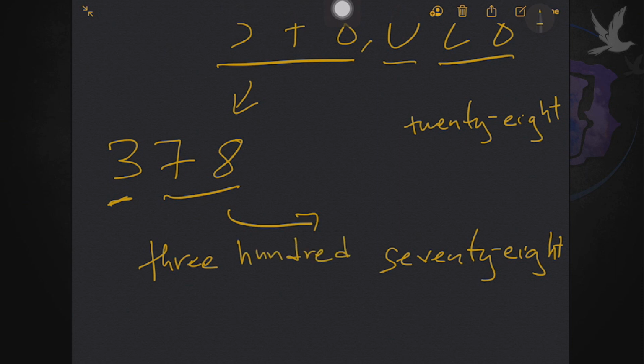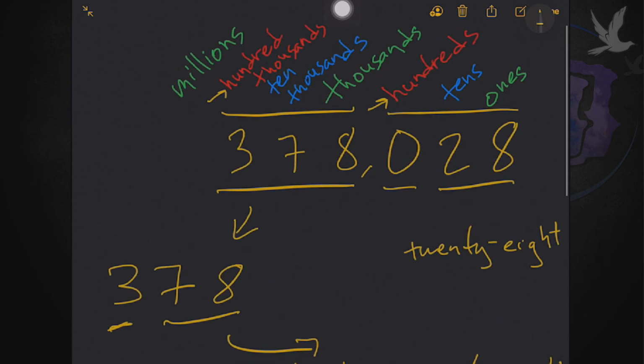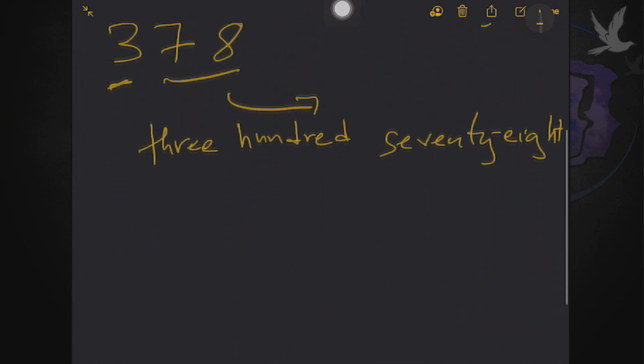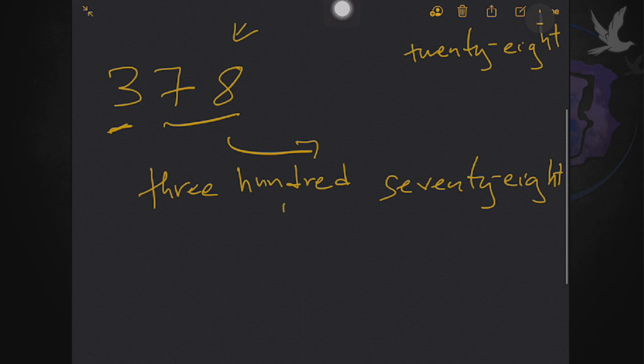So it's 378. Yes, but if you notice that this number belongs to the thousands family, which means you really need to add the word thousand. Okay, so that's 378,000.